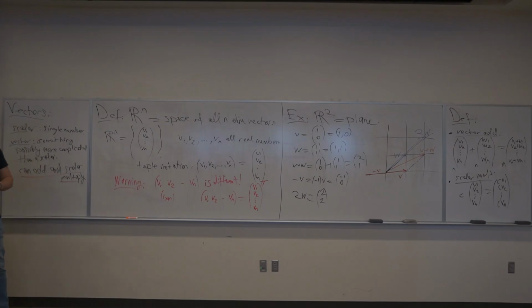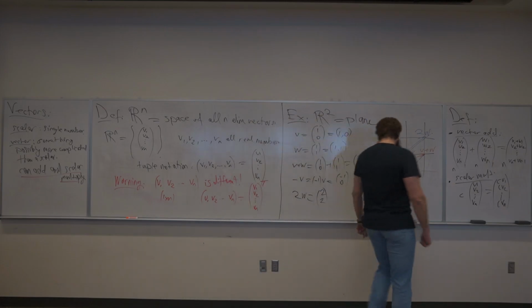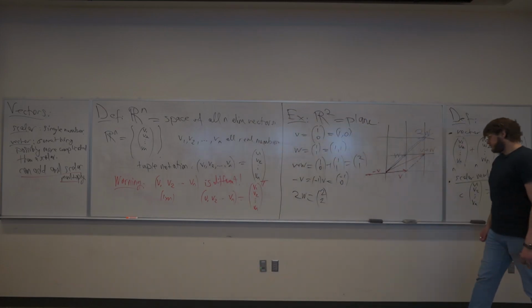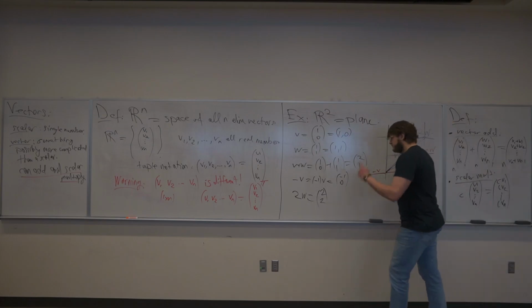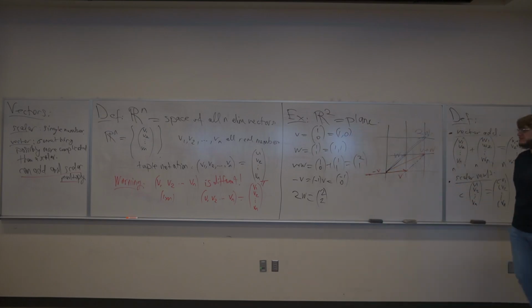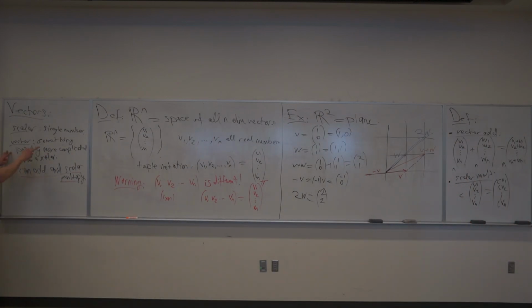Okay. Now perhaps let's try to be a little bit more intuitive. When we see something like this, let me think. Before writing, I'll just say it like this. I wrote here, for instance, vectors are things that are possibly more complicated than a scalar.